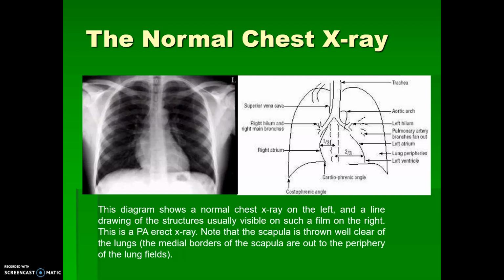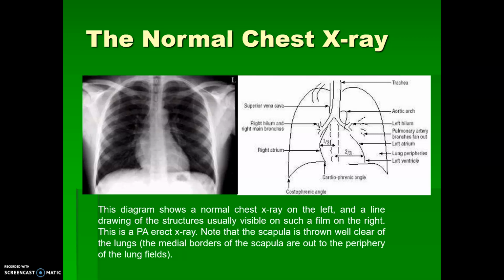You can see the carina and the angle. The carinal angle is normally 60 degrees, but it certainly should not be more than 90 degrees. If it is that wide, then you need to think about something at that level splaying the carina, such as enlargement of the left atrium.